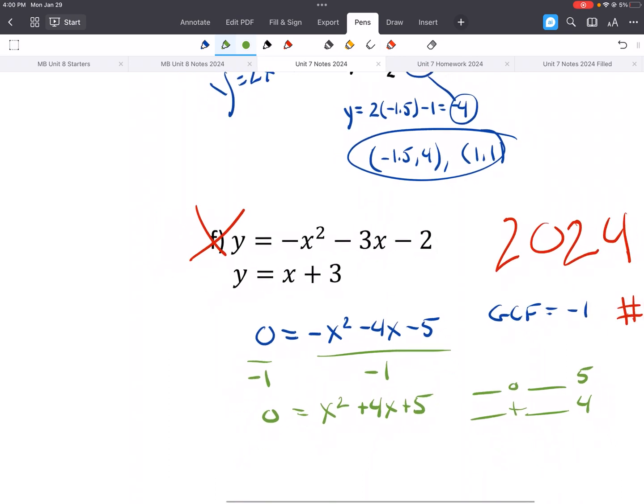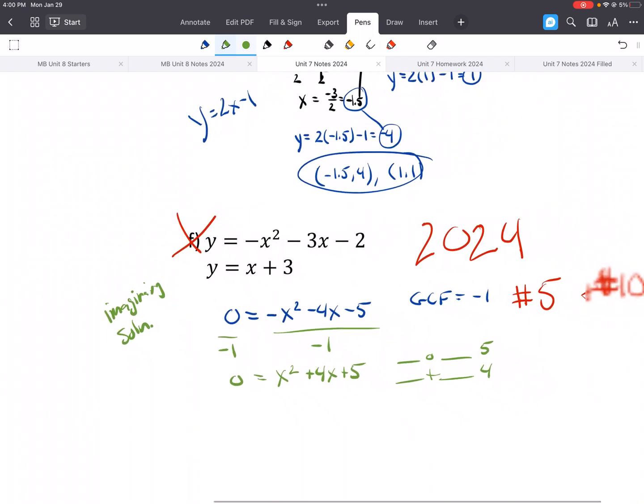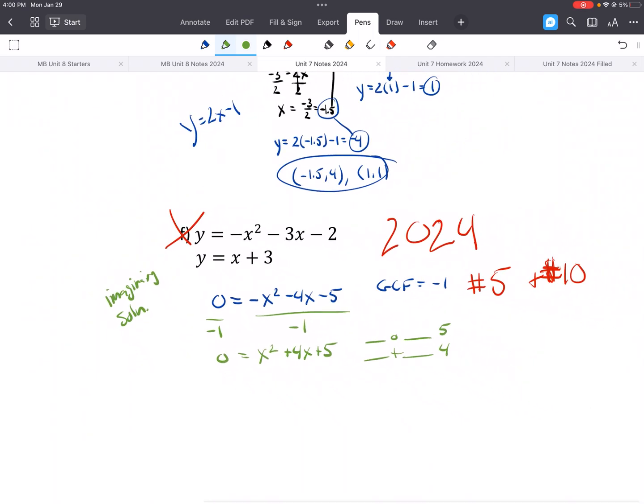So if you were to actually use the quadratic formula, you would end up getting imaginary solutions, okay? I had the idea of maybe talking about this more in class and in your homework, but I decided not to go into that as far for this year at least.